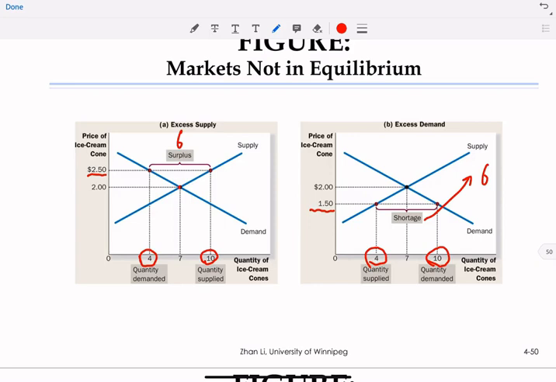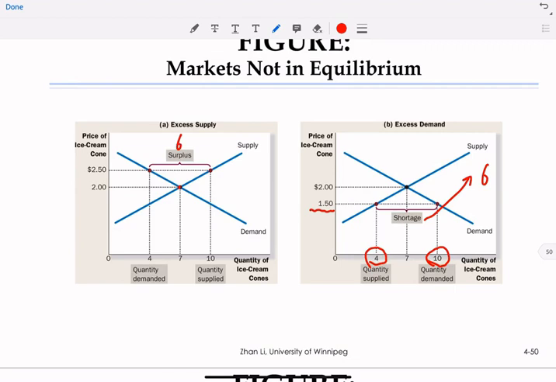Now, let's think how the market can restore to equilibrium if there is surplus or shortage. Let's say there is surplus in the market. What will happen? Well, think about this. There is a surplus of 6 units in the market.